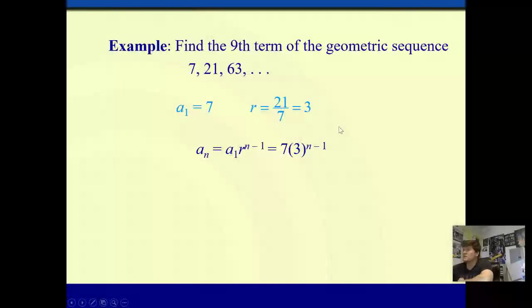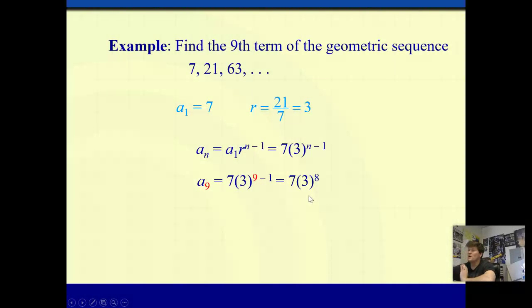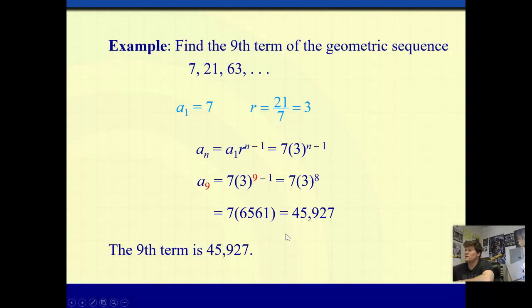So my explicit formula is 7 times 3 to the n minus 1. Plugging in 9 for the 9th term, I get 7 times 3 to the 8th power. Using a calculator, 3 to the 8th power is 6,561, then times 7 is 45,927. So the 9th number on this list is 45,927.